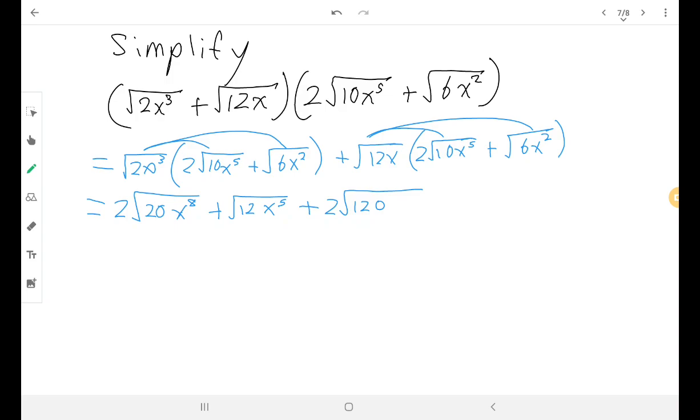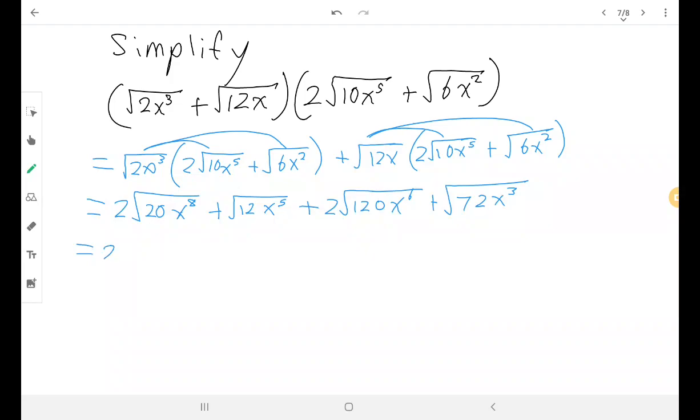Times x to the 5th, that's x to the 1 plus 5, or x to the 6th, plus the square root of 12 times 6 is 72, and x times x to the 2nd is x to the 1 plus 2, or x to the 3rd.